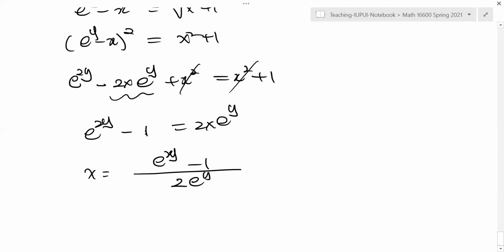This is actually a pretty nice function. You can see I divide the numerator: e to the 2y divided by e to the y is just e to the y, and minus 1 divided by e to the y is e to the negative y. Are you familiar with this function?